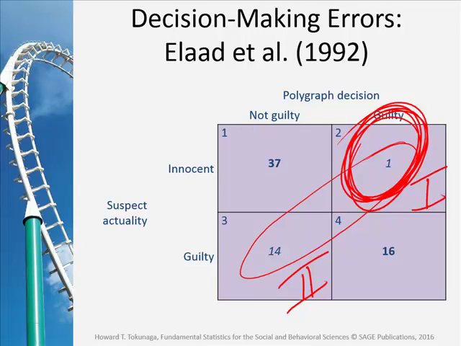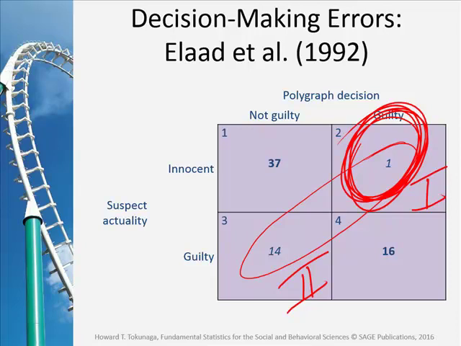When we change alpha and we make it really, really low, remember, we don't want to be this one person. What are we losing when we make alpha so low that we never reject the null hypothesis? What's it going to take to turn that to 0? Yeah. We're going to lose these 16, right?